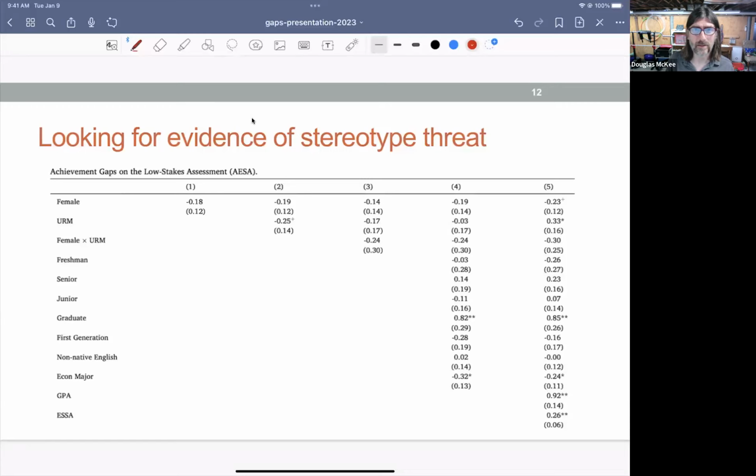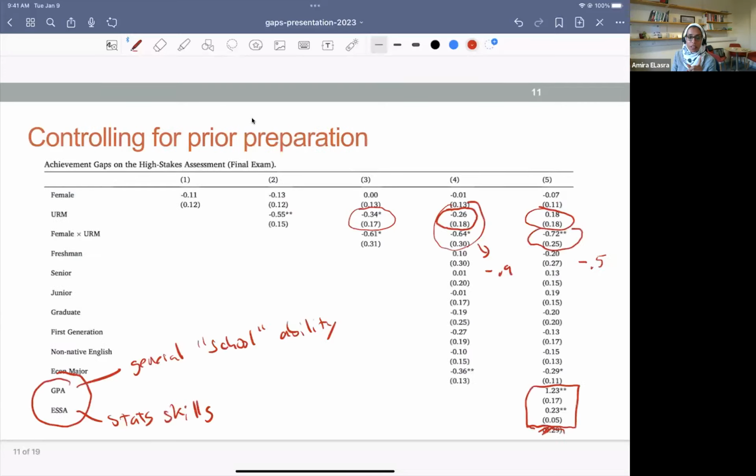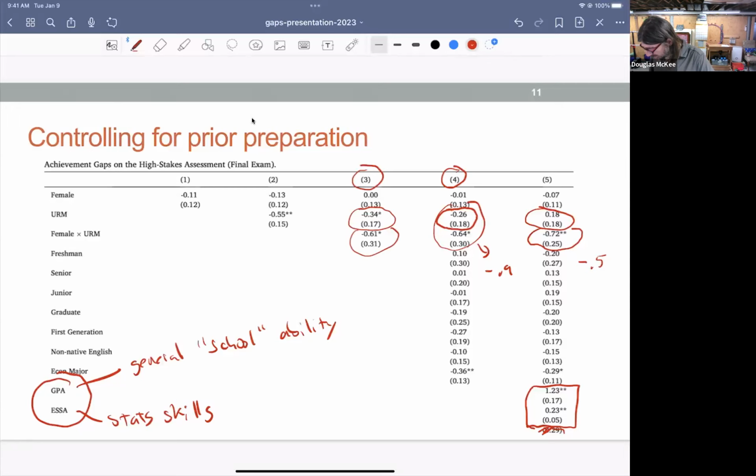Yes, Amira. Can you go back to the previous slide just to look at the URM female coefficient here? And I see it's becoming bigger when you include all these controls. So would you... hold on. So when we go from right here, are you saying between 3 and 4, or between 4 and 5? Between, well, yeah, 4 and 5, but obviously between 3 and 5 as well.